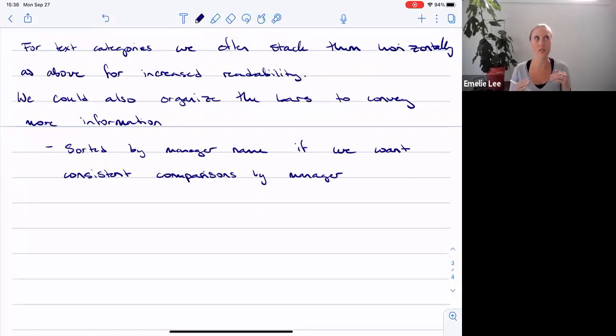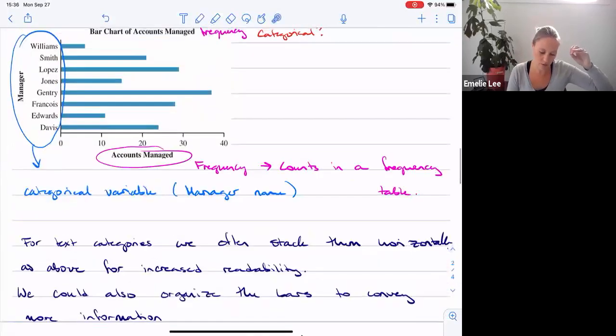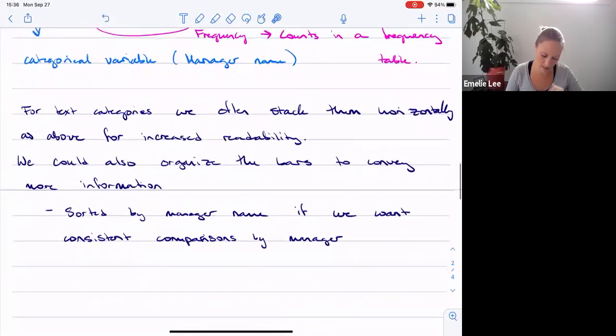Otherwise, if you're interested in how one manager performs over time, then you'd want to sort it by manager name. Because otherwise you're going to have to look for, okay, where was Williams here? Where was Smith here? And then where was Williams in the next one? If they're always in the same spot, then that's one way that you could analyze it.